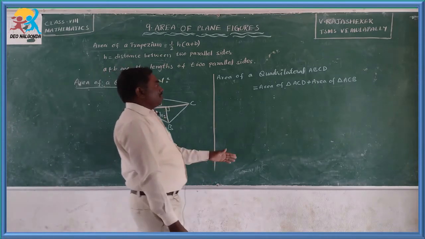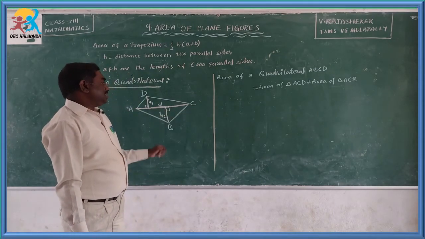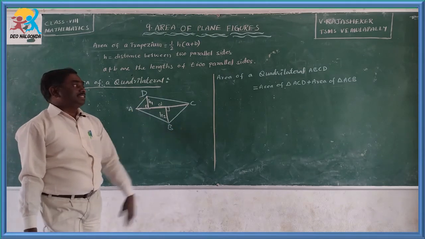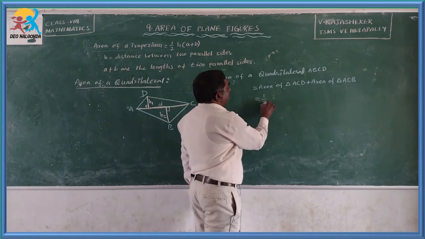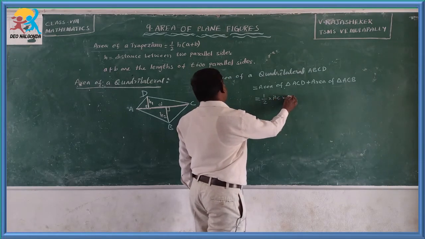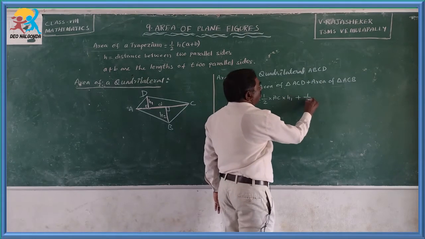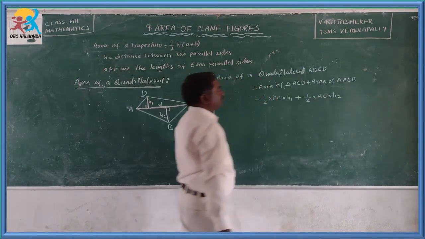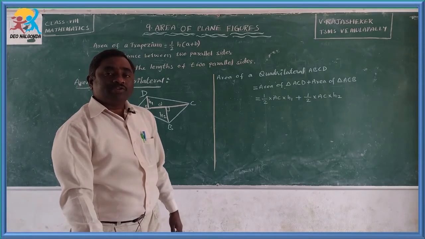Now, let us see the area of quadrilateral ABCD. Area of quadrilateral ABCD is nothing but area of triangle ACD plus area of triangle ACB. So, here half into AC into H1 plus half into AC into H2. We know already the area of triangle is equal to half into base into height.